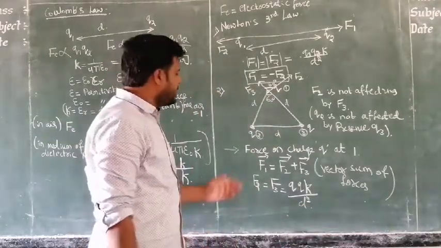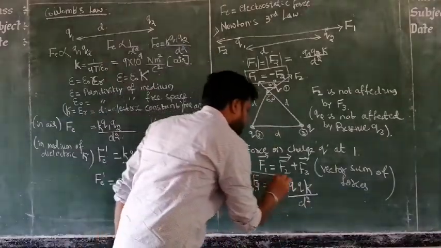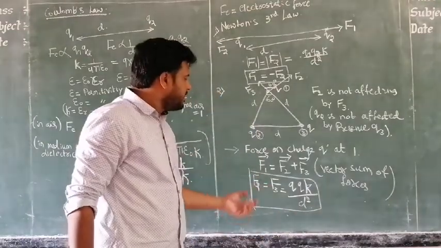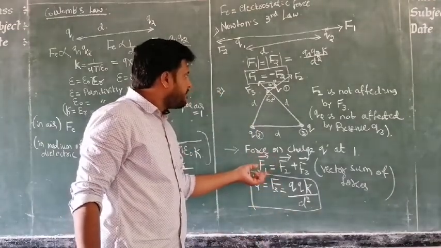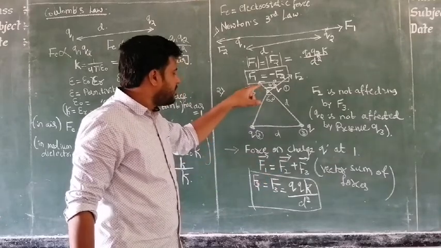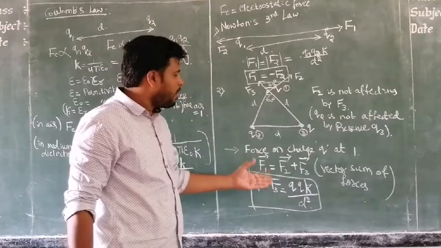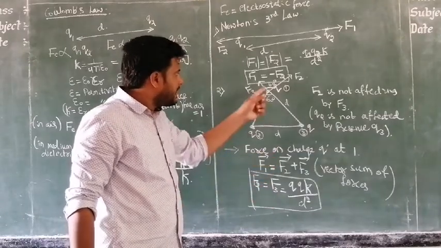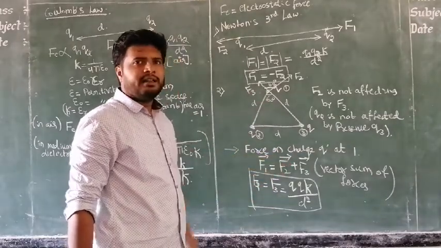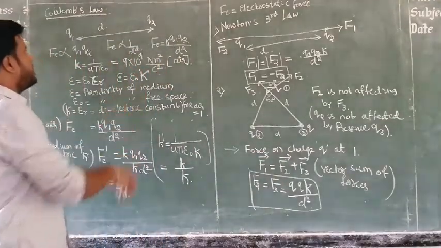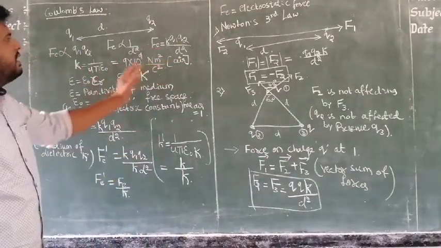Here it indicates the magnitude of F2 and F3. We know this. Then F1, the net force acting on 1, is equal to the vector sum of these two. Apply the law of parallelogram. The angle between them is 60 degrees. Done. So all these are the properties of electrostatic force.